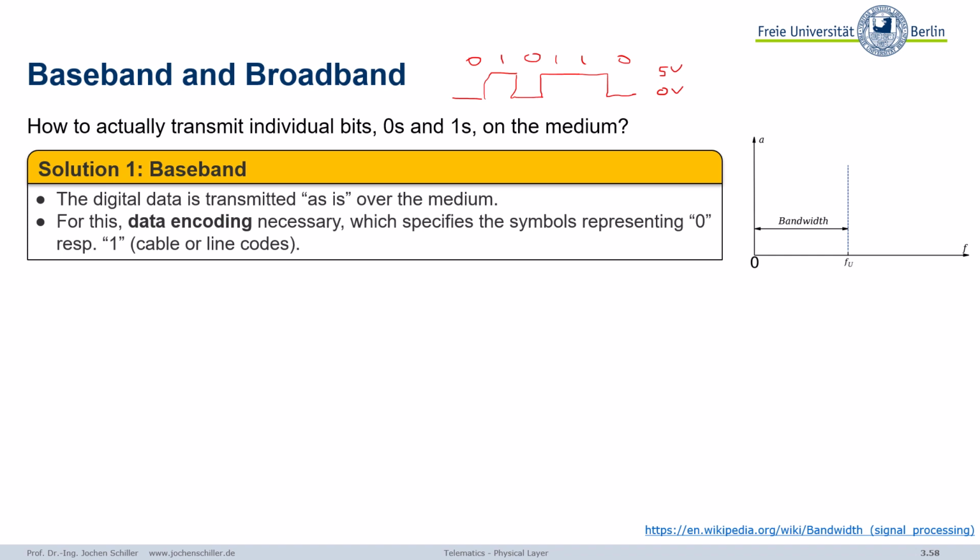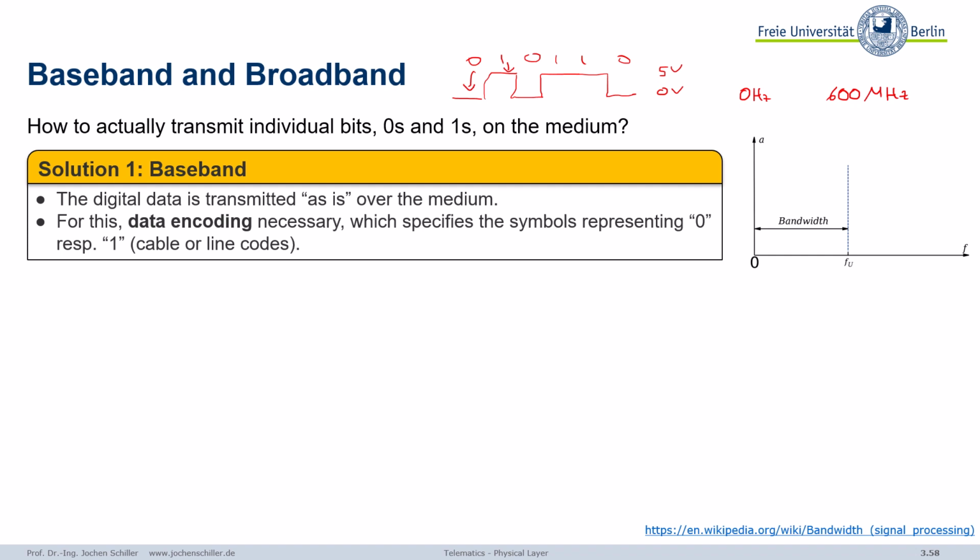So data encoding, yeah, we still have to know how is a 0 represented. For example, a 0 is 0 volts and a 1 is represented as 5 volts. And this is then what's called a cable or a line code. And this works over media that allows the transmission, in this example you see, from 0 Hertz, for example, to, let's take a twisted pair copper wire, up to 600 megahertz.